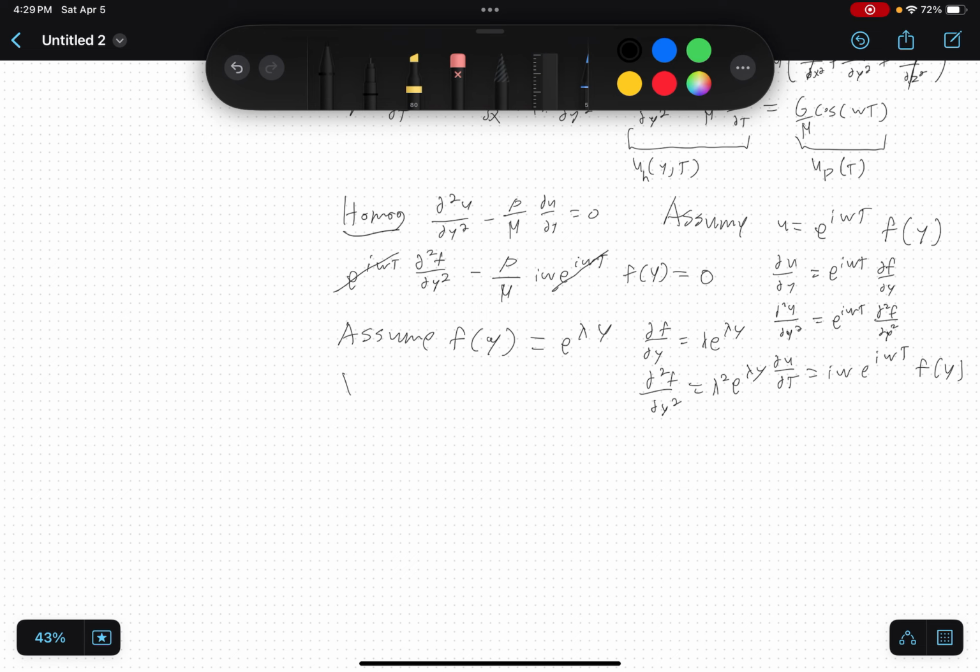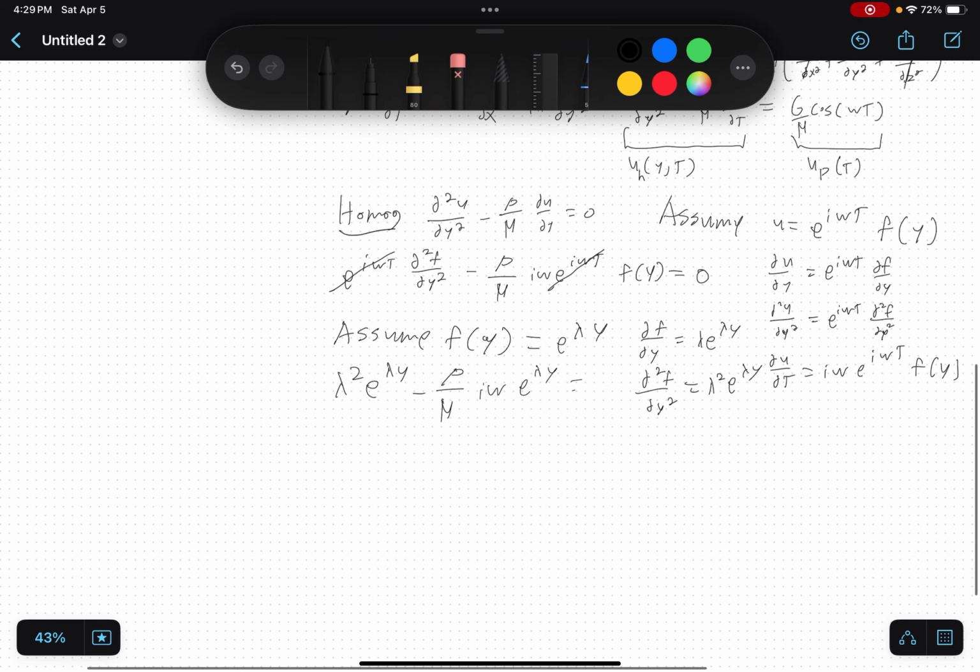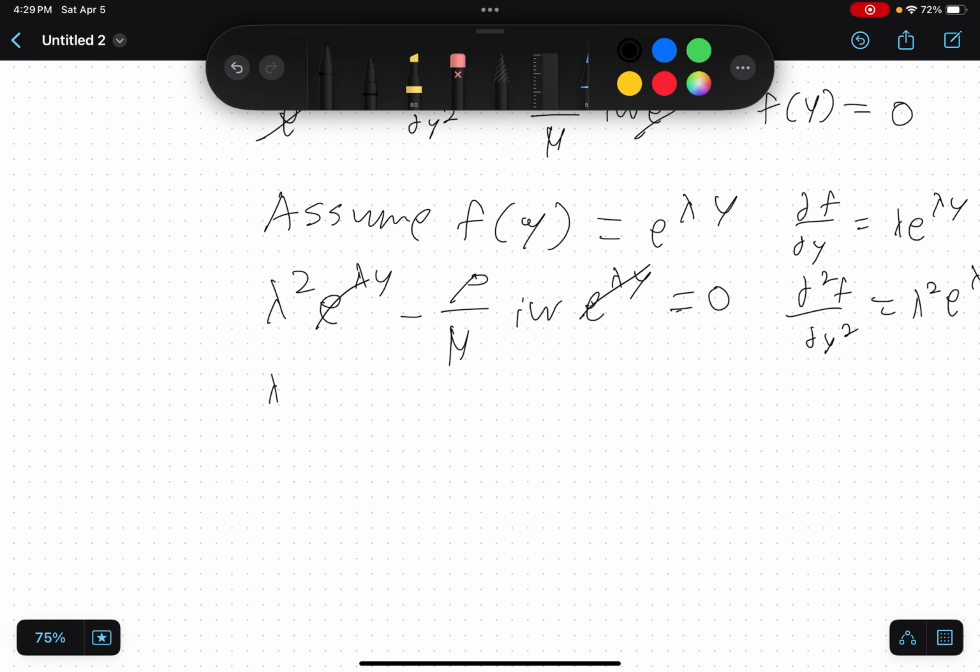So then you have lambda squared e to the lambda y minus density over mu times i w e to the lambda y, because you just plug it in right there, equals 0. Very cool. So now you can cancel those out, and you solve for lambda.